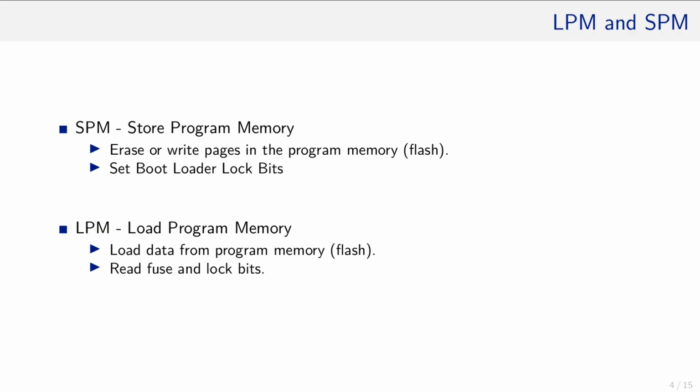It also sets the lock bits. The assembly instruction LPM, meaning load program memory, is the opposite of SPM. It reads the data from the program flash and also the fuse and lock bits. We already used it in the flash section when, for instance, the fuse is read to determine the size and location of the bootloader.